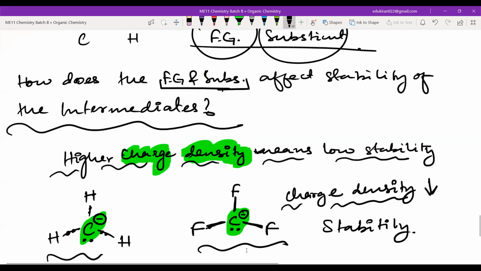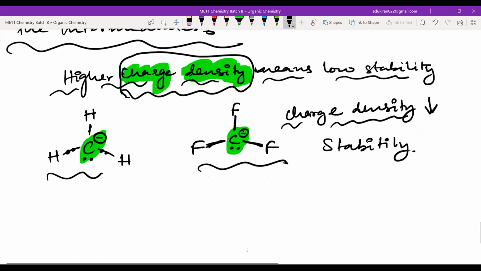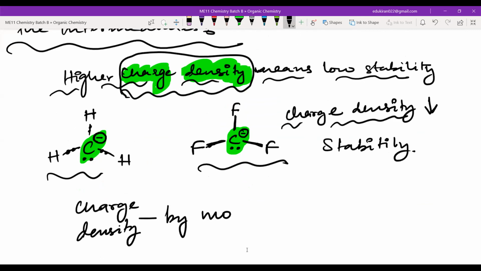We obviously know that CH3 negative and CF3 negative are not similar. They are affecting the charge density by movement or displacement of electrons.